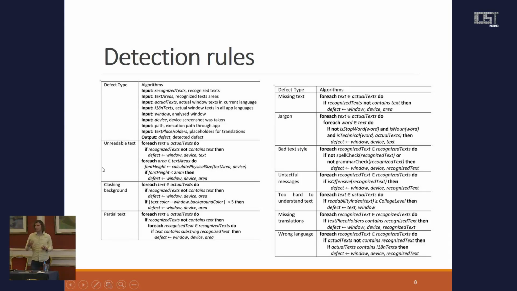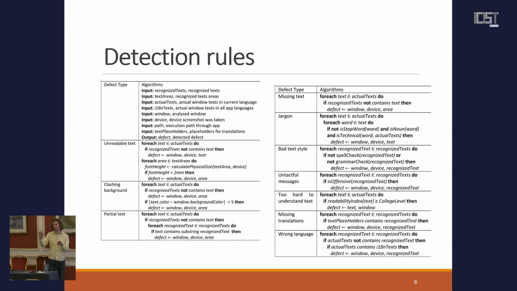For example, unreadable text: for a person using the application on one of the devices, it would be too hard to read because it's too small. When we take a screenshot, we already know what kind of device it was taken on, and we calculate the actual physical size of the text.